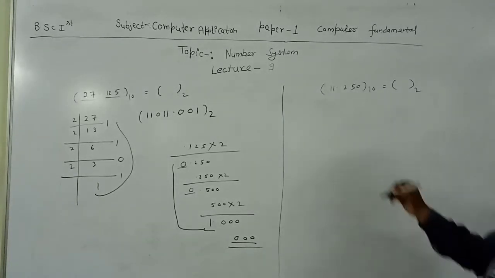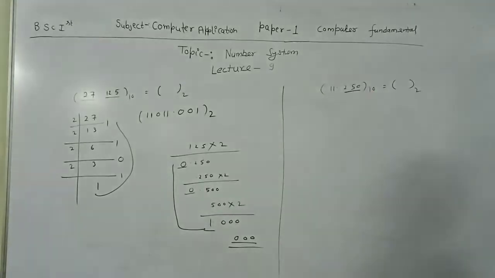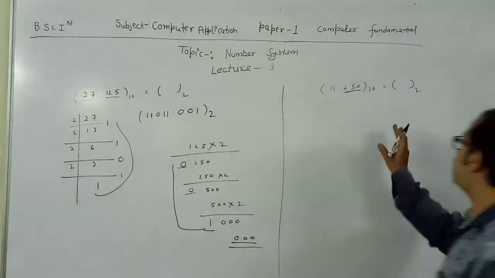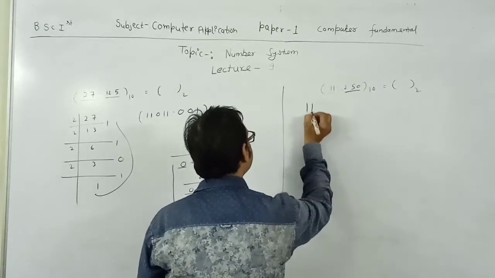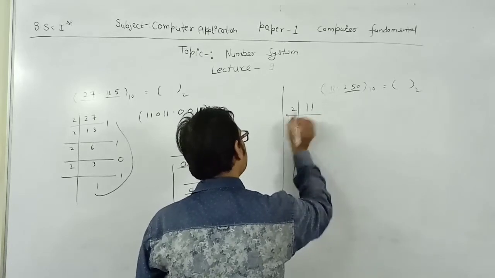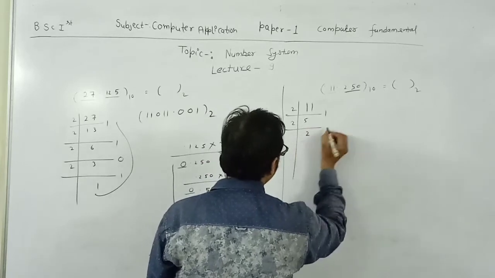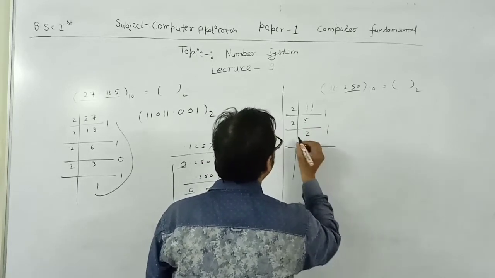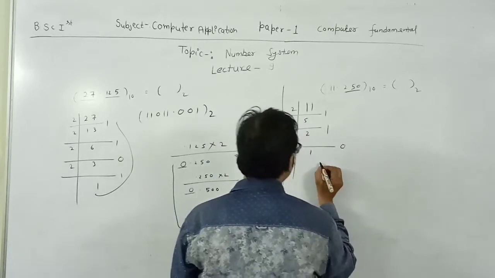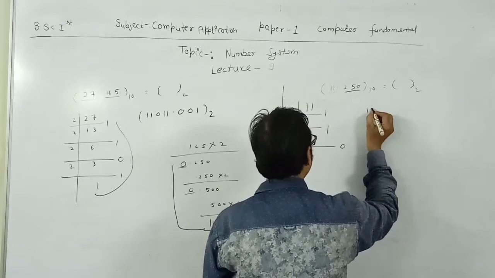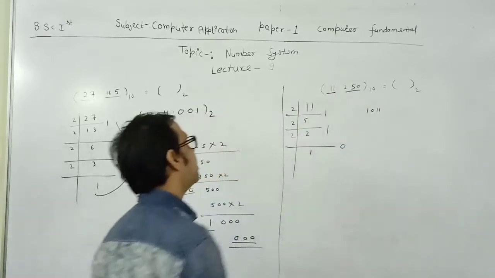The number has two parts: one is the integer part and another is the fractional part. So convert 11: divide by 2, it gives you 5, remainder 1; divide by 2, it gives you 2, remainder 1; divide by 2, it gives you 1, remainder 0. So the number is 1, 0, 1, 1. This is the binary conversion of 11.